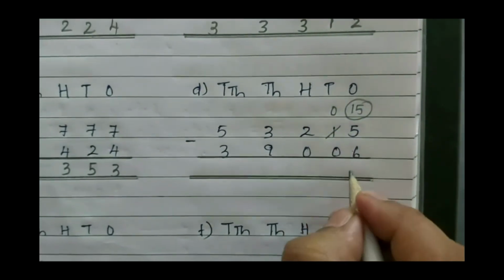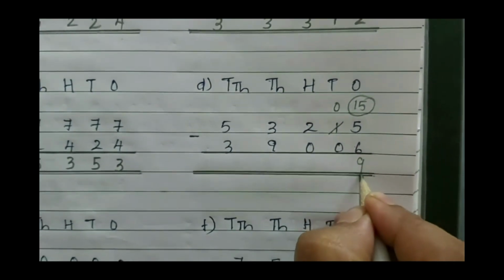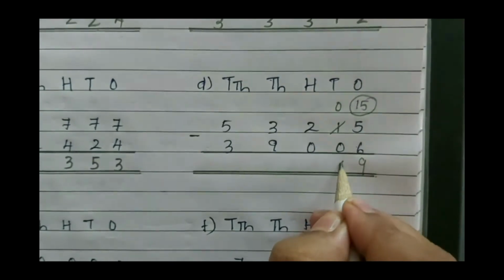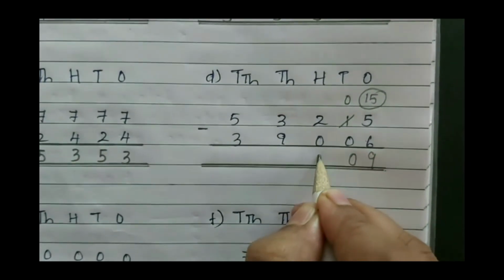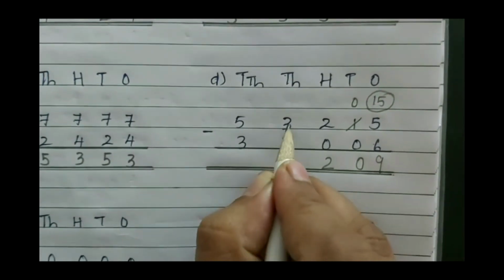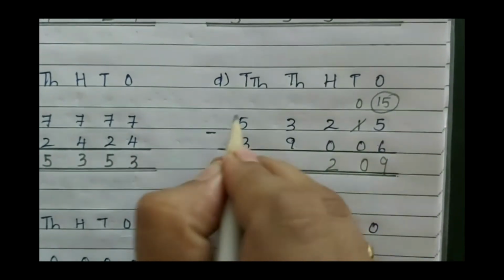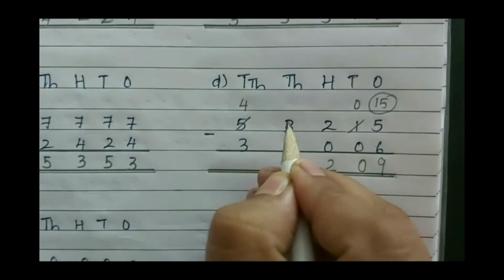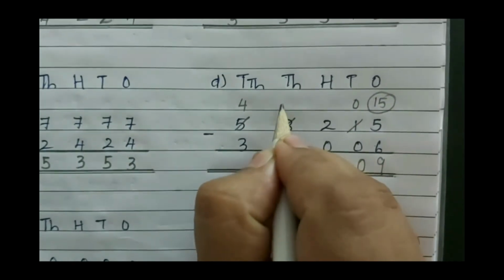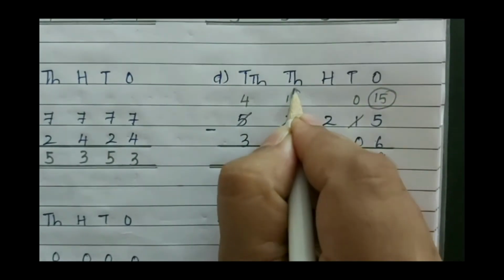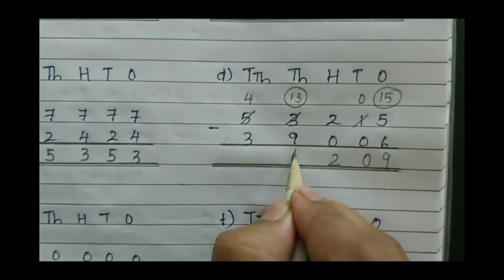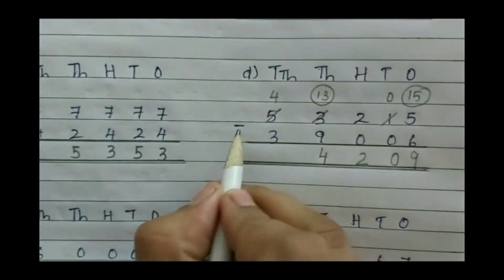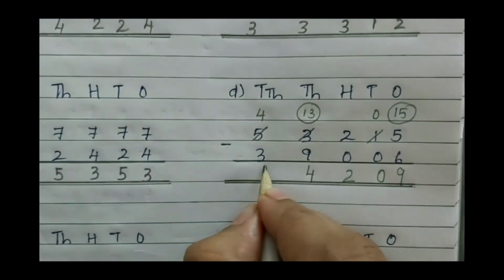Now 15 minus 6, 9. 0 minus 0, you'll get 0. Then 2 minus 0, 2. Again 3 minus 9, it is not possible. Borrow from the neighbor. First cut it and make it the smaller one. The 3 becomes 13. 13 minus 9, it is 4. 4 minus 3, you are going to get 1.